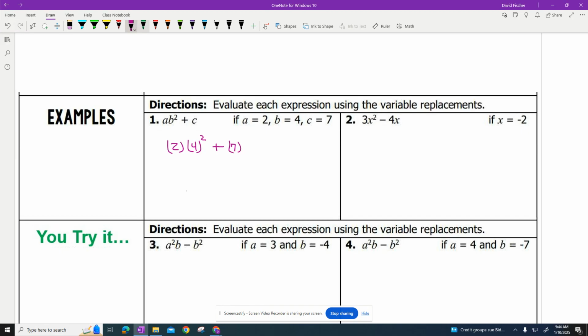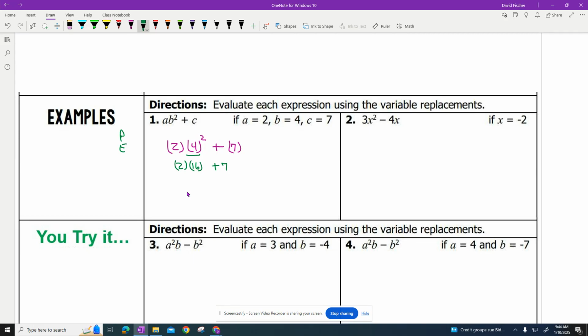Now we got to go through and do order of operation. Do I have any parentheses? Yeah, I have parentheses, but no work needs to be done inside the parentheses. So that's my parentheses. Exponents? Yep, I got an exponent right there. So keep them in parentheses for right now until you get kind of comfortable. This guy's all by himself, so I'm going to drop that parenthesis. Okay?